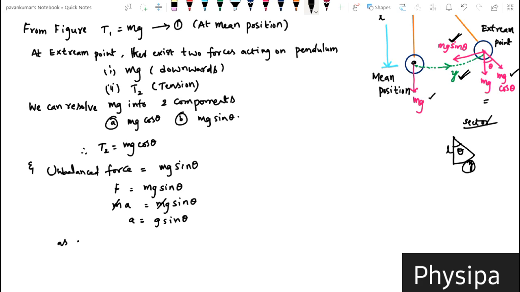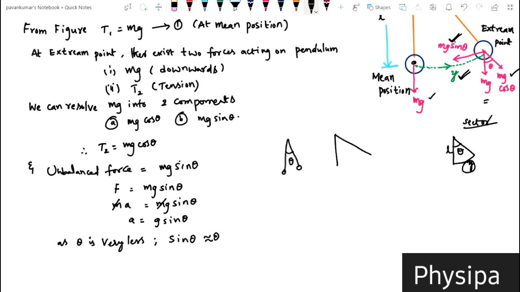As theta is very small, that is, the angular displacement of the simple pendulum is very small, we can write sin theta is approximately equal to theta. In order to show that the oscillations of a simple pendulum are simple harmonic, the angular displacement of the pendulum must be very small.